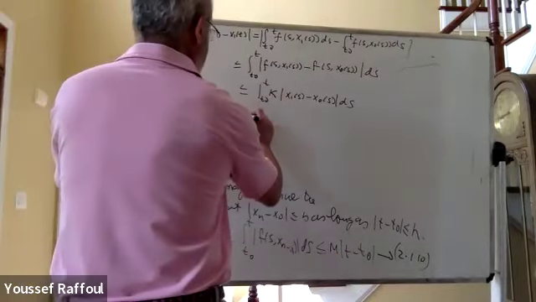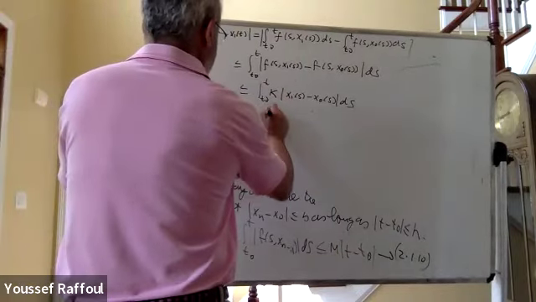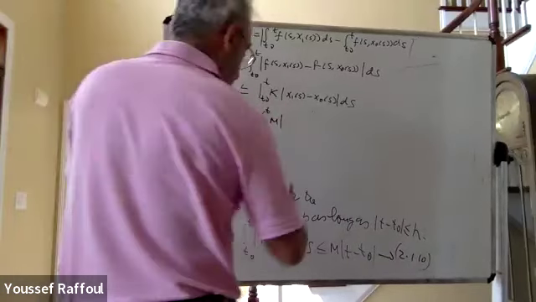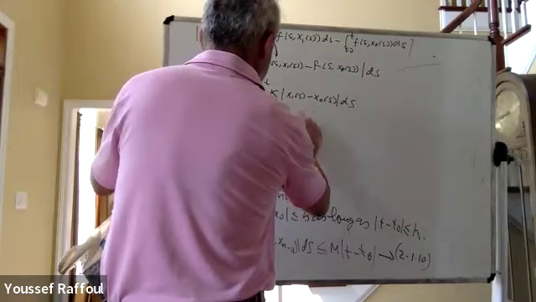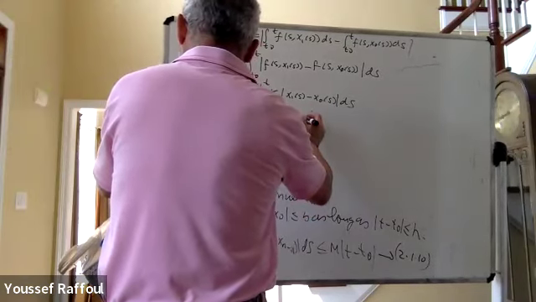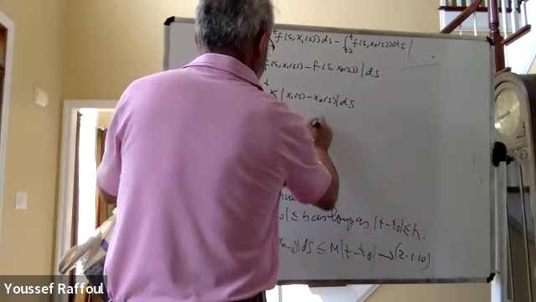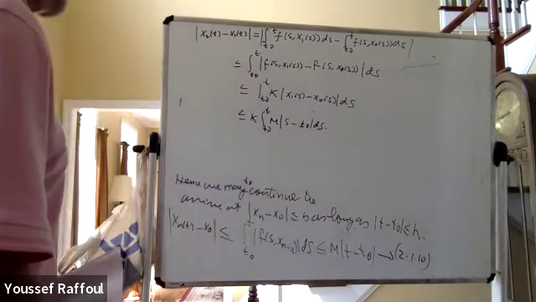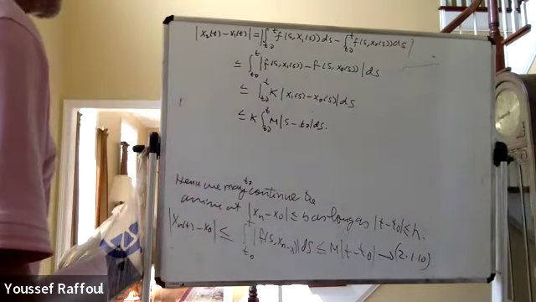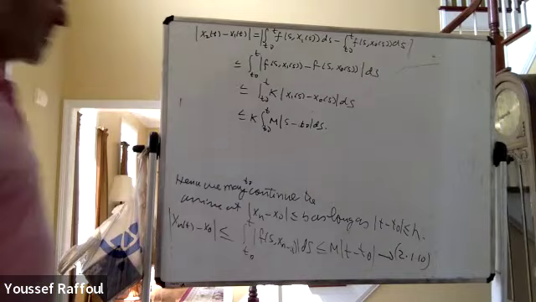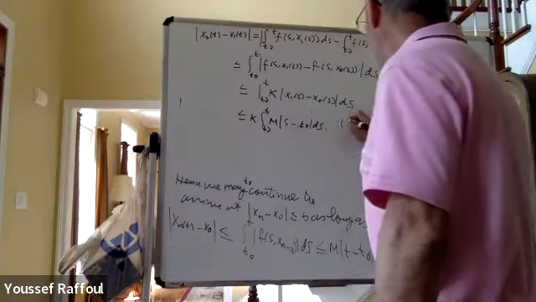So this is less or equal to k times the integral from t0 to t of m times (s minus t naught) ds. Okay? You see what happened? This is by 2.10.